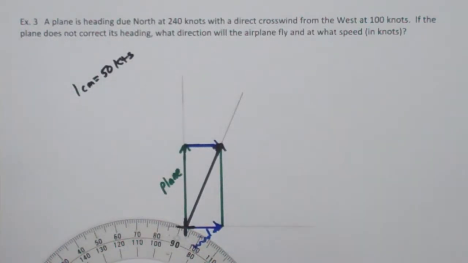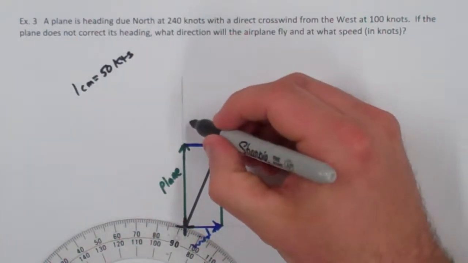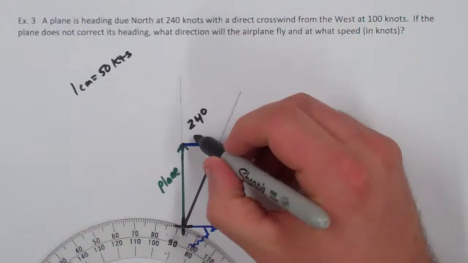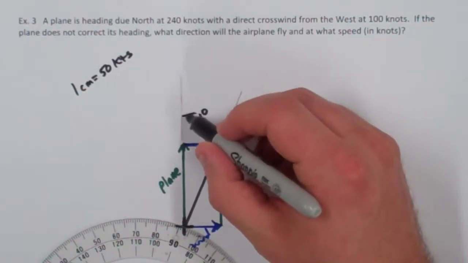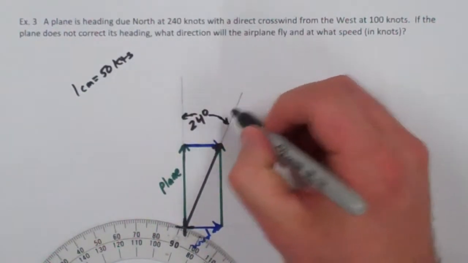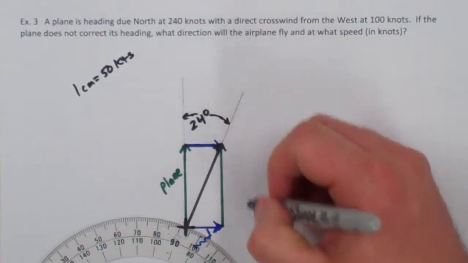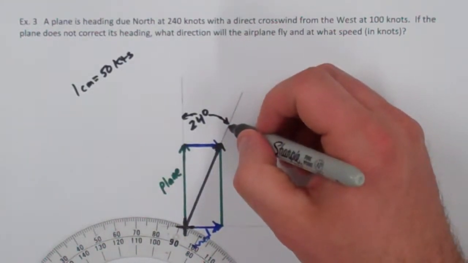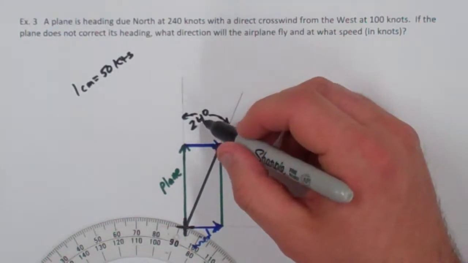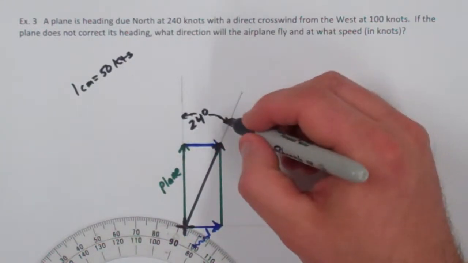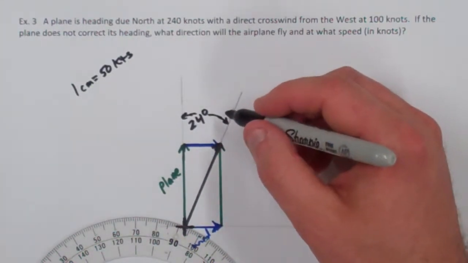So the airplane is going to be blown 24 degrees off. That would be this angle here. Remember, we were going from a heading of west up to here to measure our 66. So 24 degrees from due north is where the airplane would actually track.